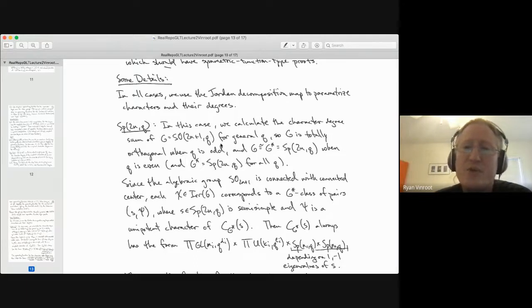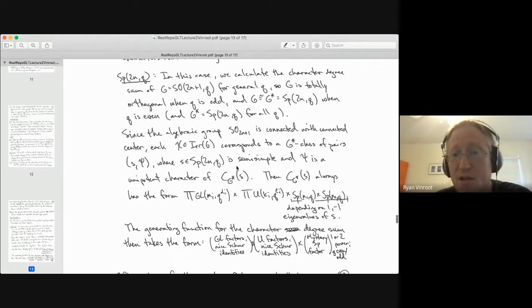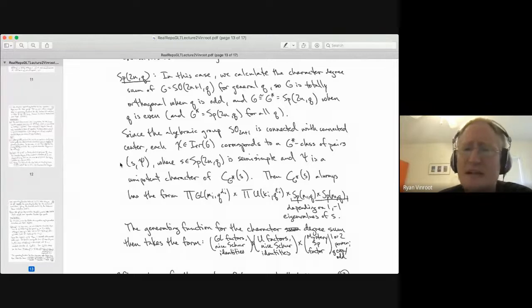So when we compute the character degree sum for SO2n+1(Q), the dual group is Sp2n, and we know that SO2n+1 is connected with connected center, and so we can use directly the Jordan decomposition of characters, and we can classify centralizers of semisimple elements in Sp.